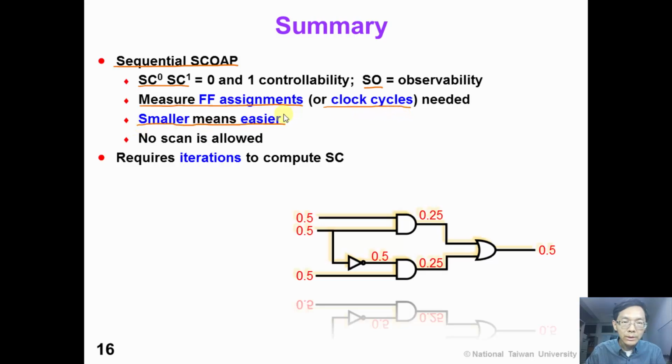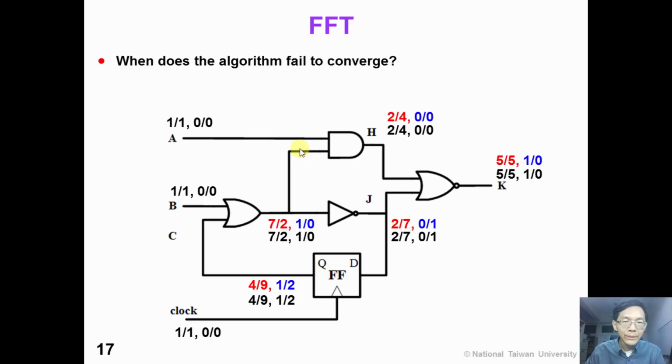Smaller numbers mean it's easier to control or observe the corresponding signal values. We assume there's no scan, so we can only control the primary input and only observe the primary output. And when we compute the sequential controllability, we would need iterations.